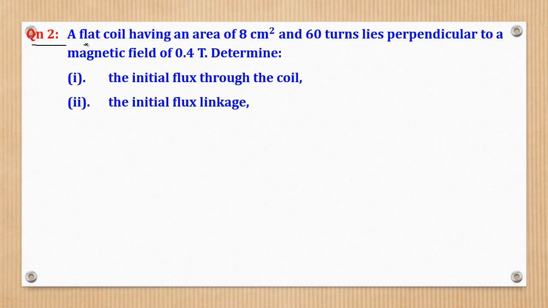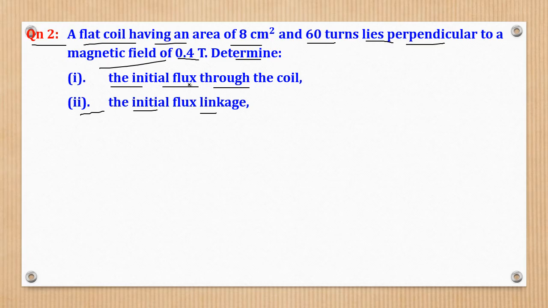Then question 2 says, a flat coil having an area of 8 centimeters squared and 60 turns lies perpendicular to the magnetic field of 0.4 Tesla. Determine Roman 1 the initial flux through the coil. Then Roman 2 the initial flux linkage. So I think by now you know the difference.